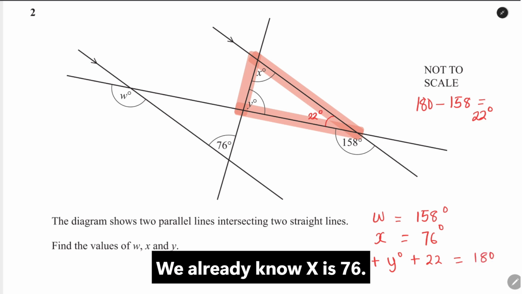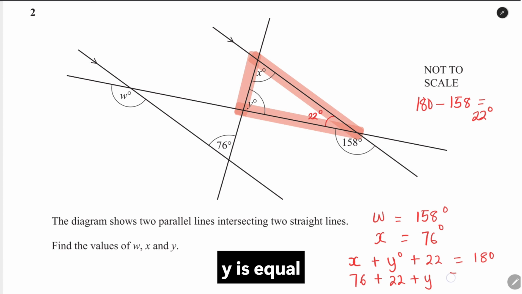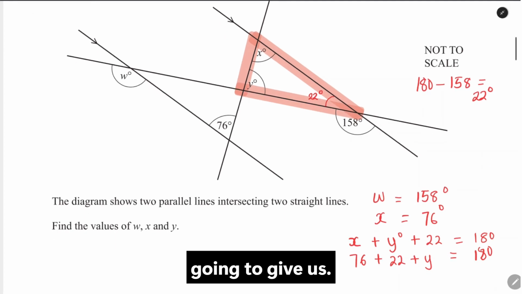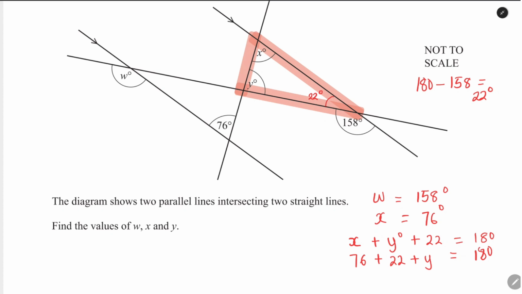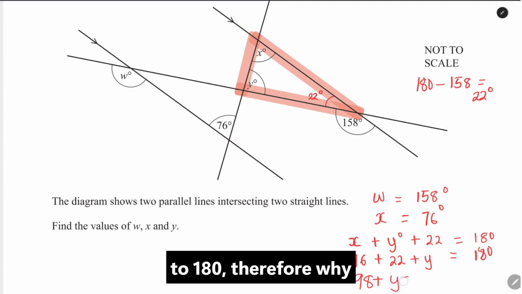We already know x is 76, so 76 plus 22 plus y is equal to 180. 76 plus 22 is going to give us 98, plus y equals 180.